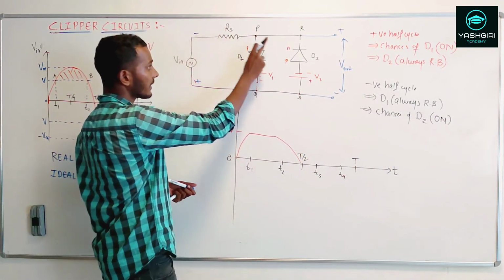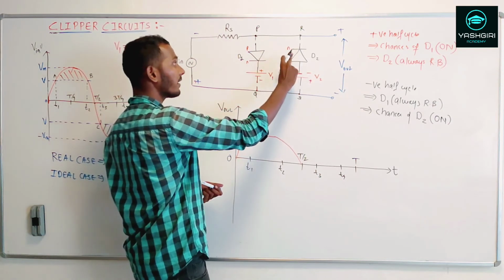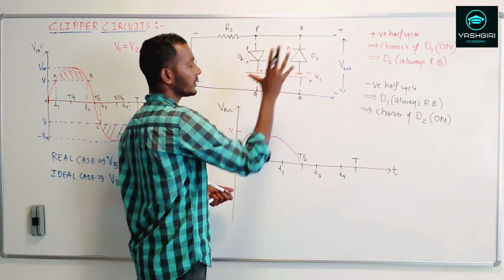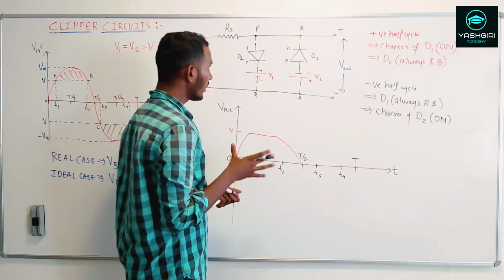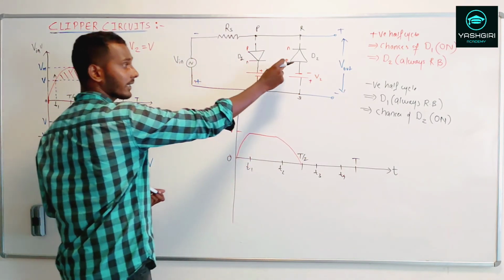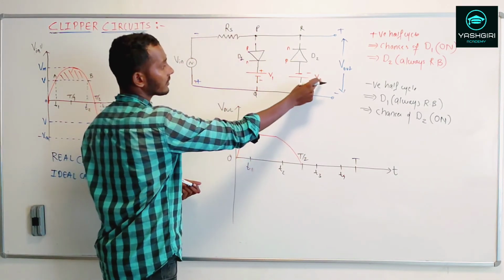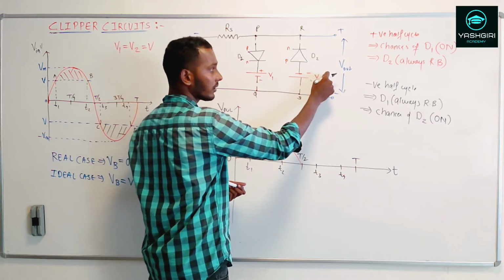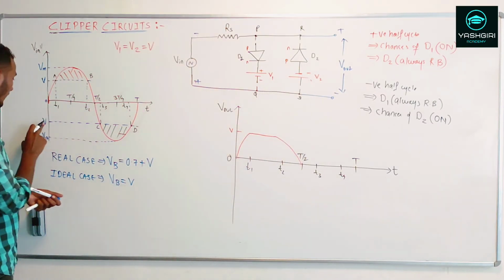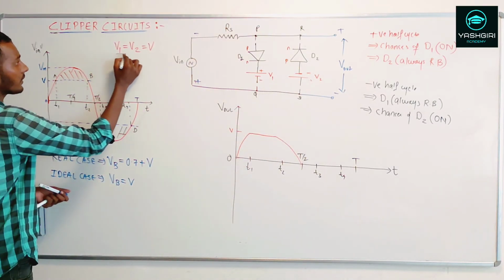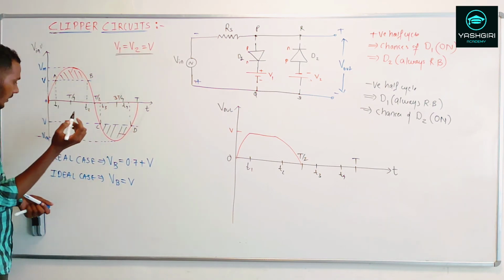Because negative is connected to the N side, there are some chances of this diode D2 getting forward biased. Now when can this be forward biased? When you overcome this V2 voltage. Here this is my V voltage, because I consider V1 and V2 equal to V.